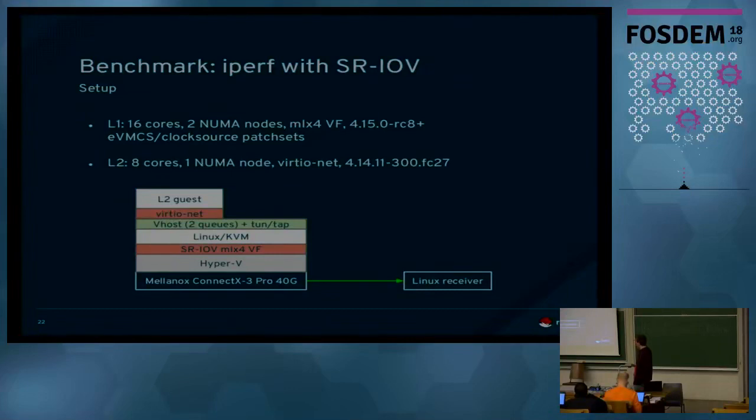So the hardware setup is somewhat important here. It's pretty powerful. We have a 40G network card, one server with 2 NUMA nodes, and as it's well enough to connect, we can actually do SR-IOV. SR-IOV in Hyper-V is kind of special because it only supports a few network cards nowadays.